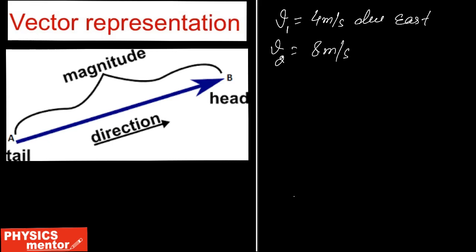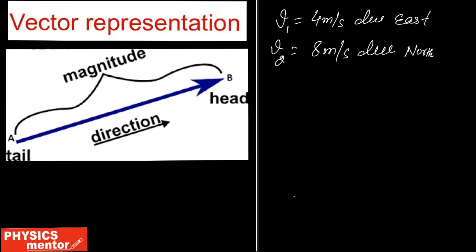Okay, now we will take an example. Suppose we are given two velocity vectors. One is v1, that is 4 meter per second due east, and another is 8 meter per second due north. Can you draw these two vectors?